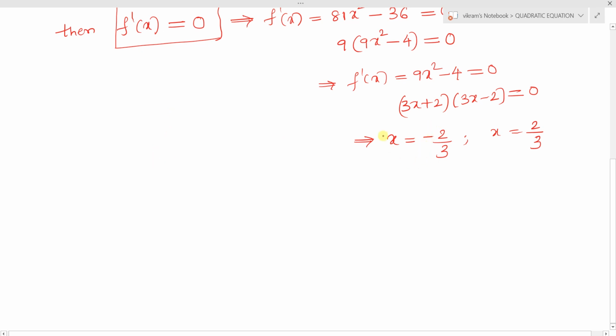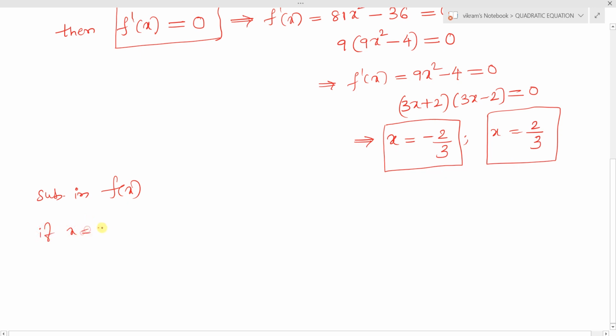Now substitute these obtained x values in f of x. If x is equal to minus 2 by 3, then f of minus 2 by 3 is 27 into minus 2 by 3 whole cube minus 36 into minus 2 by 3 minus 16.